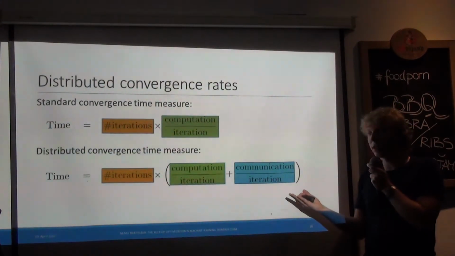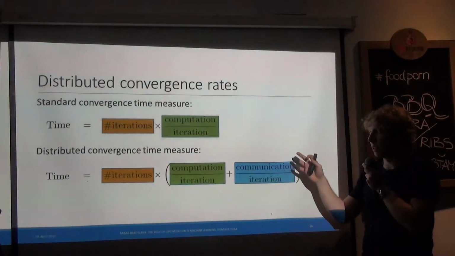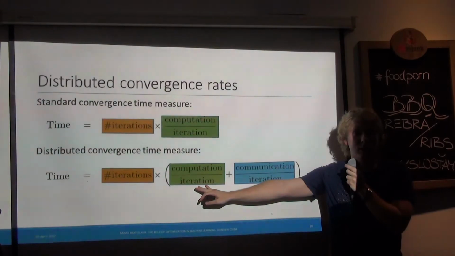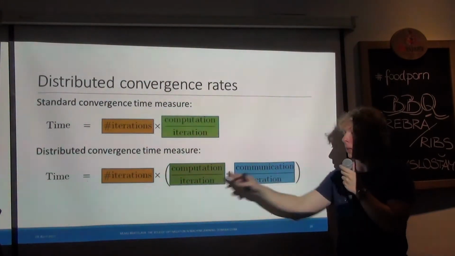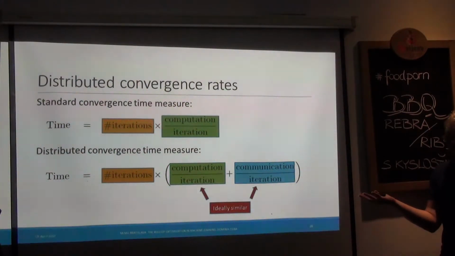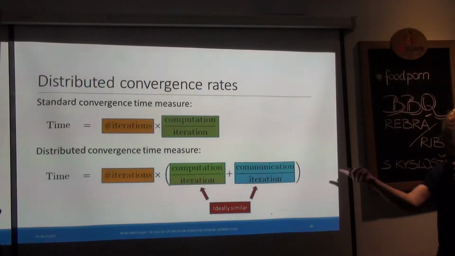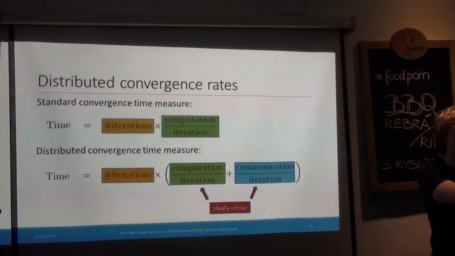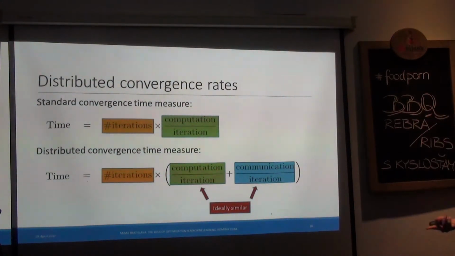In one-shot averaging, in some sense, this was small and this was big, because we computed the actual optimum and just communicated once. So ideally what we would like to have is these two to be similar, because otherwise one of them is a bottleneck. If they are similar, we cannot say that the algorithm is bad because of this, right? It's bad because of both of them, or neither one of them, right?